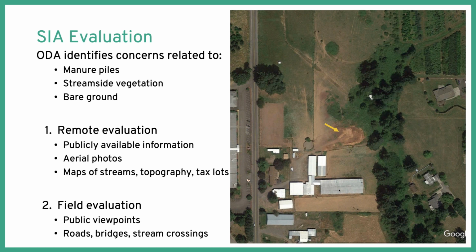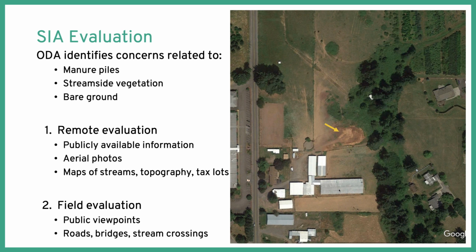So when ODA does the SIA evaluation, we're focused on 3 main contributors to water quality issues: manure piles, streamside veg, and bare ground. And we start with a remote evaluation, looking at aerial photographs and adding other maps to that, and trying to identify which tax lots may have regulatory concerns and which likely don't.